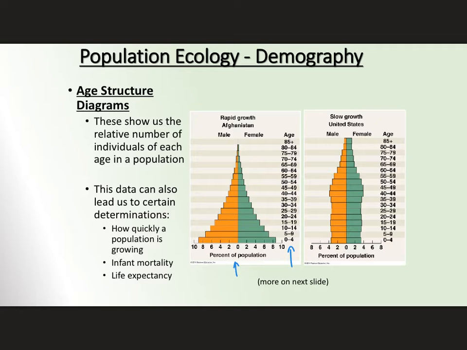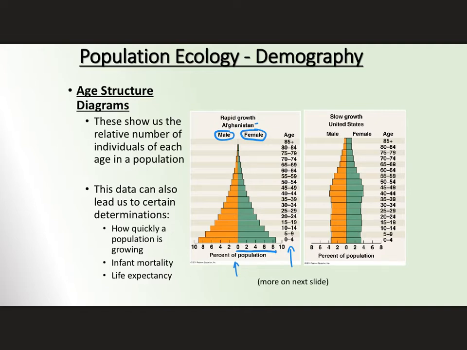One thing to definitely point out is don't forget that they are split into a left side and right side by sex. So if you were asked for the percentage of females here in Afghanistan, ages 0 to 4, then you would just say that's roughly 8.5%, right?